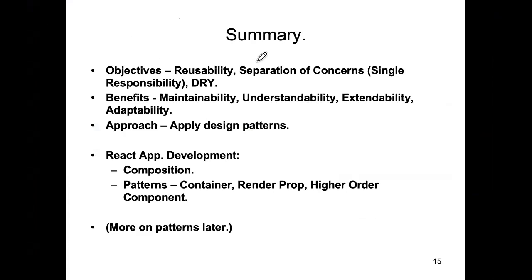You're also looking for good separation of concerns between the modules that make up your code base. You're always trying to achieve this DRY objective. So these are generic software development objectives.